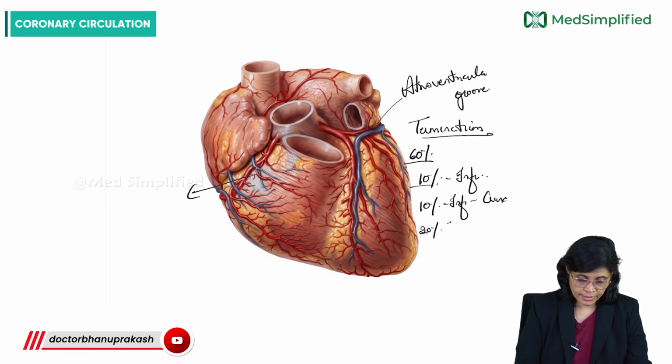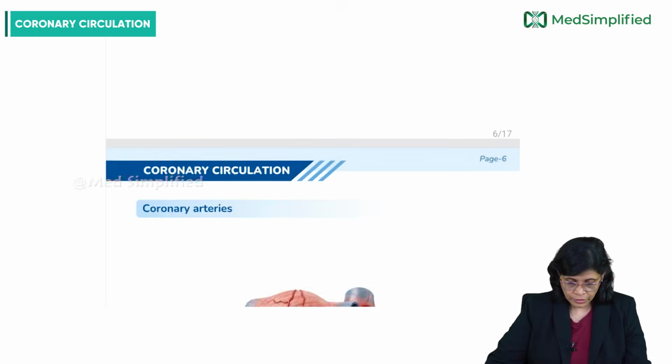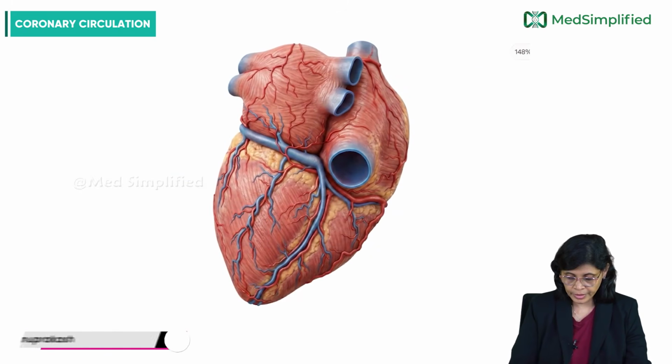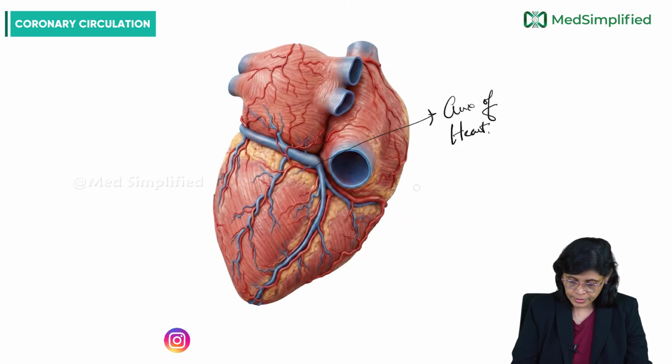So this is the circumflex branch which we see. Here you can see this is the crux of the heart. This is the right coronary.